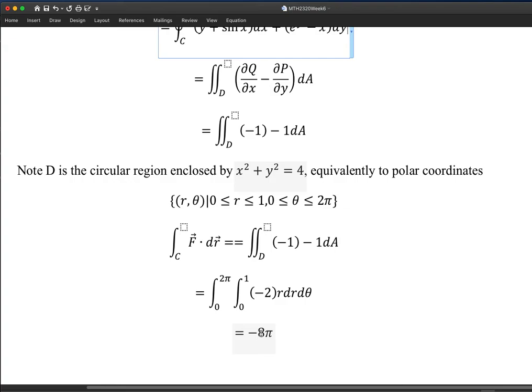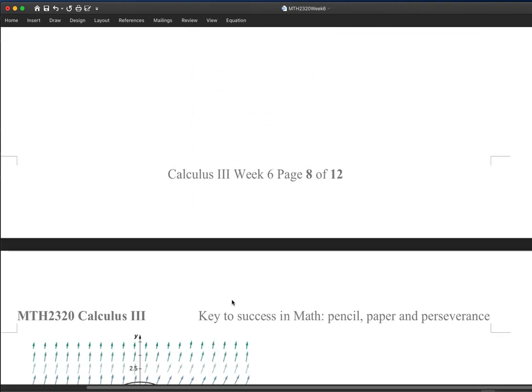Okay. The line integral can be considered as the work done by a force field. Basically, when the work done by a force field is negative, it means mostly the motion along the curve is against the direction of the vector field.